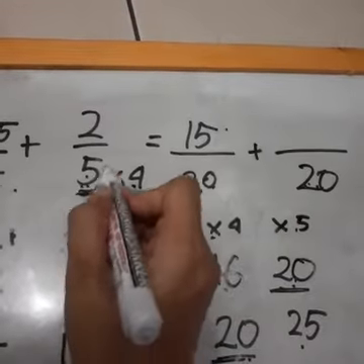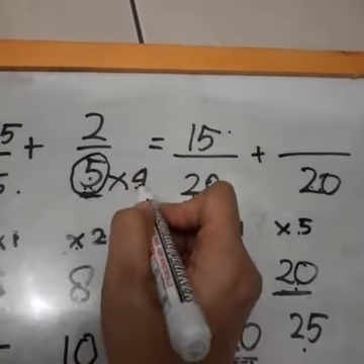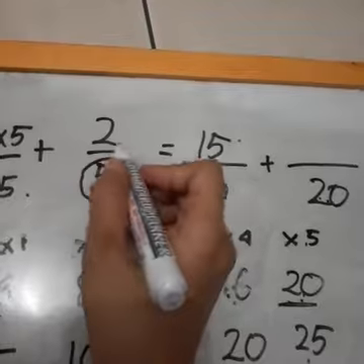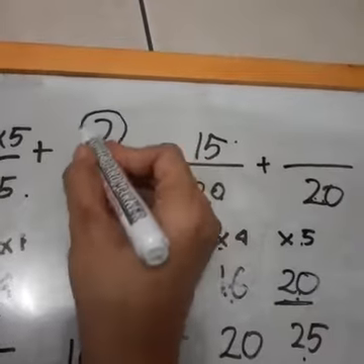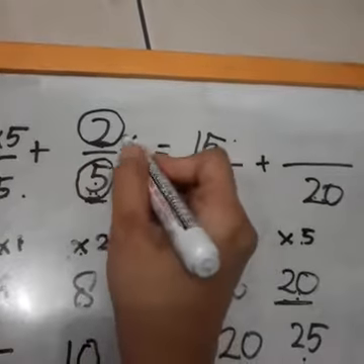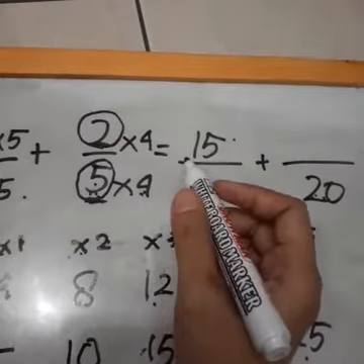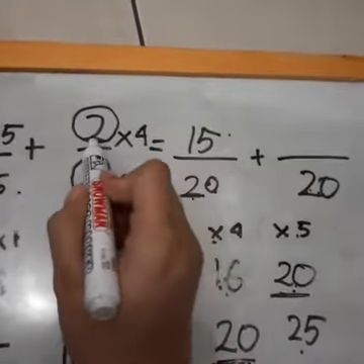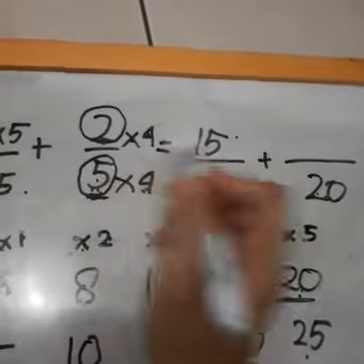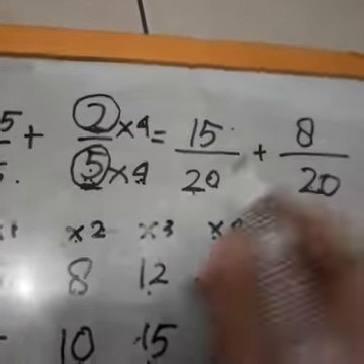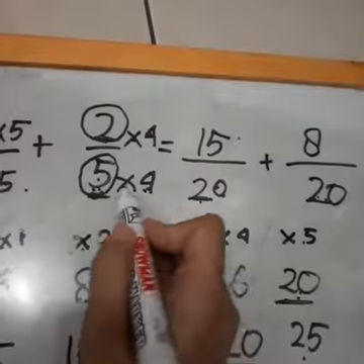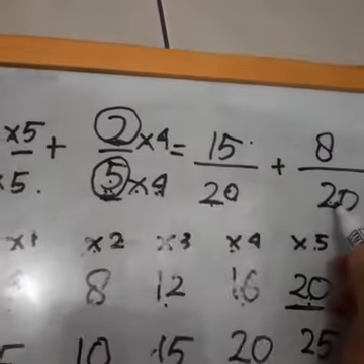If the bottom number is multiplied by 4, the top number is also multiplied by 4. Therefore, 2 times 4 is 8, and 5 times 4 is 20.